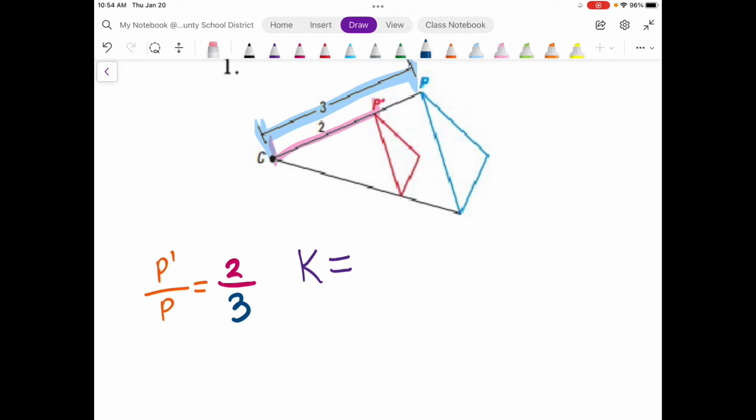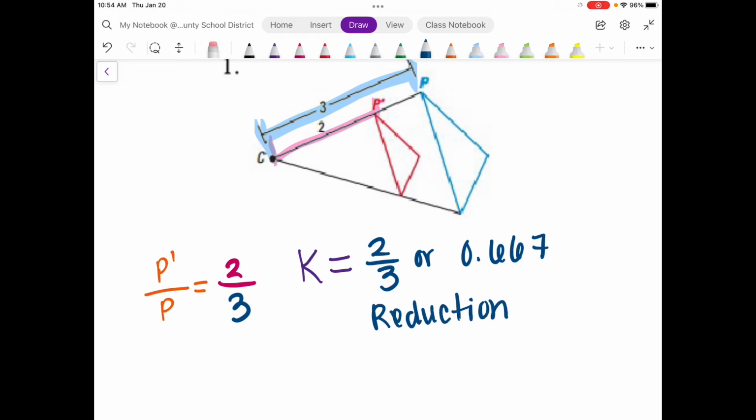So that's going to be your scale factor, 2 over 3. Or if you put it in the calculator, it's going to give you like 0.666 repeating. Because this is less than 1, this is a reduction. So we want both things here, the scale factor, and whether it's a reduction or an enlargement.